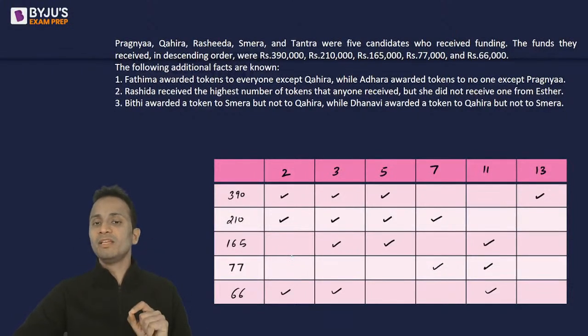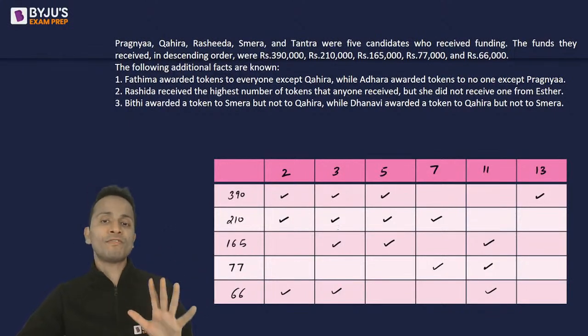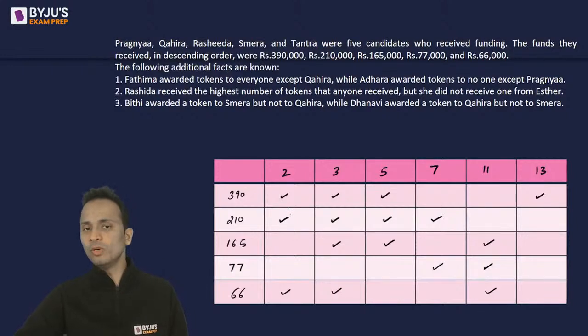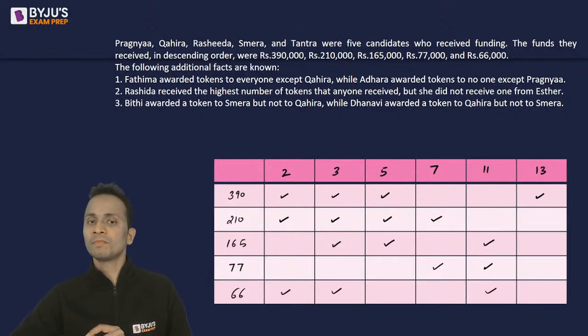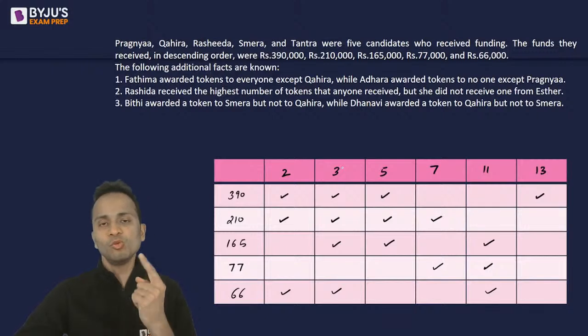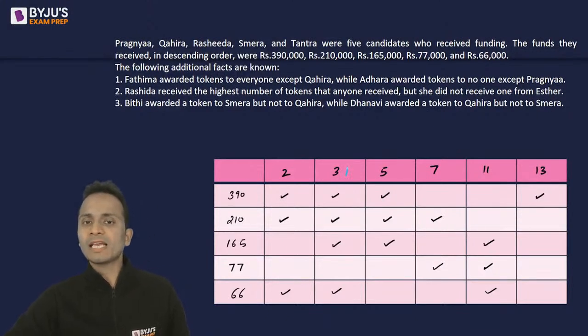So I'll have to determine which token is given to 4 except 1, because Fatima awarded tokens to everyone except Kahira. That means Fatima must have given a token to 4 candidates out of 5. Now token number 2 is given to 3 candidates, 5 is given to 3 candidates, 7 is given to 2 candidates, 11 is given to 3 and 13 is given to 1. Only token number 3 is given to 4 candidates and it is not given to 1 candidate. So that means I can say that token number 3 is awarded by Fatima.